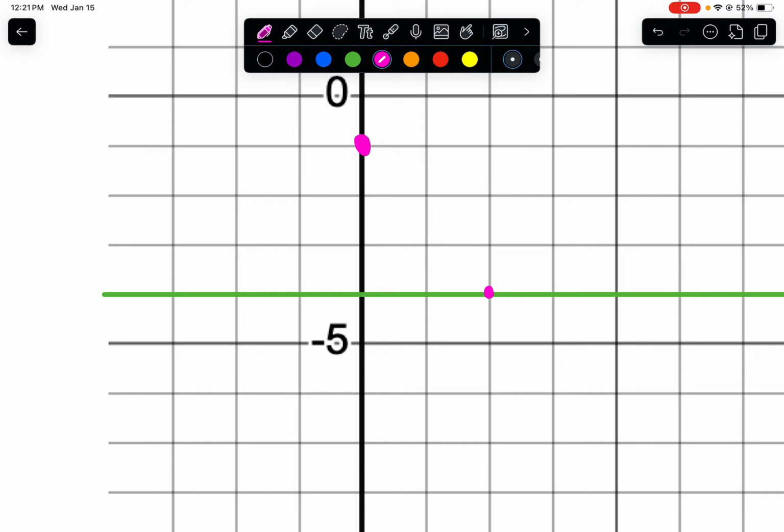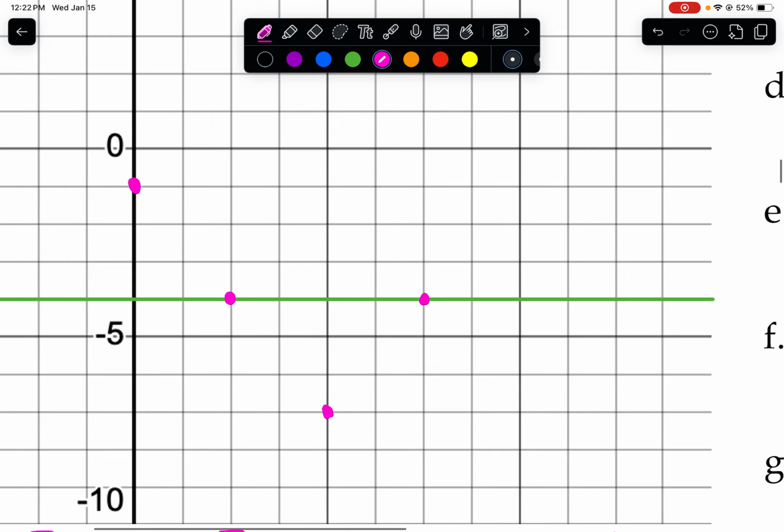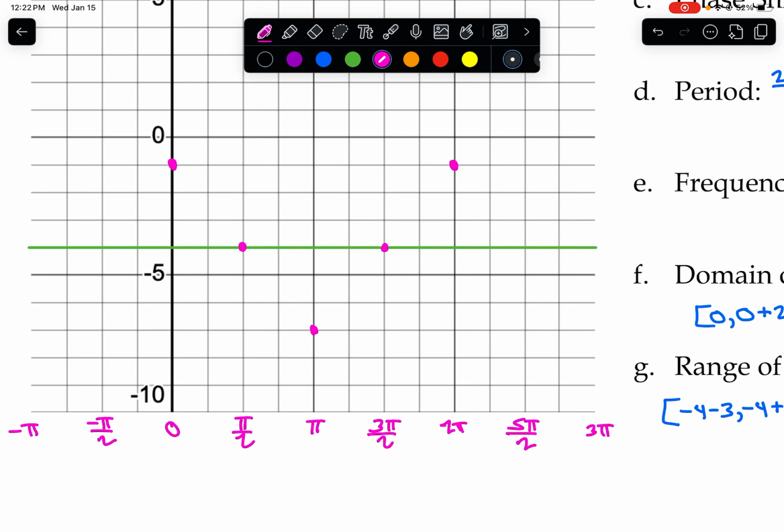And then from a high point, go to a midpoint. And then from the midpoint, you're going to go to a low point. So I'm going to go down 3. So that's my next point. And then up to a midpoint. And then, of course, back to a high point. So that's the first cycle.